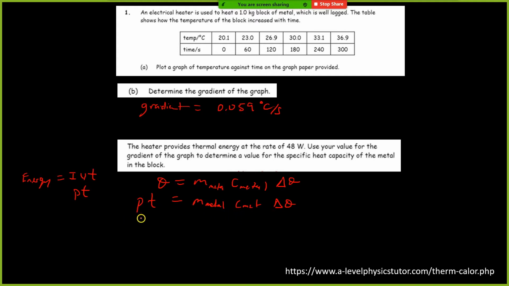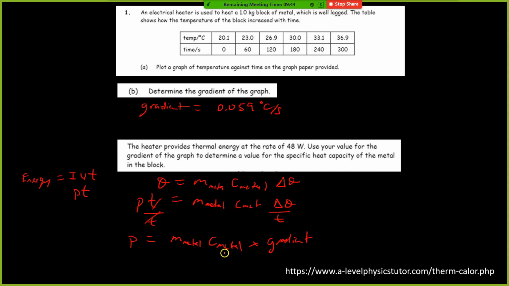You would have to manipulate the equation so that you see that. So I'll divide this side by T, divide this side by T. What we're left with is that P is equal to the mass of the metal times the heat capacity of the metal times the gradient, because that is now our gradient.